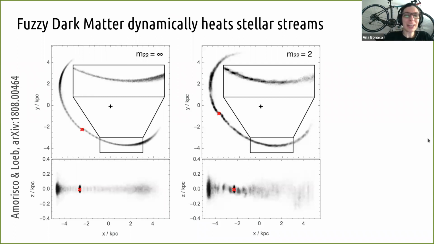of years ago, where they simulated what a stellar stream would look like in a fuzzy dark matter scenario. On the left, they're showing a simulated stream in a completely smooth halo. So I guess their parameter is that the axion mass of the fuzzy dark matter particle is infinite, so it's completely smooth.